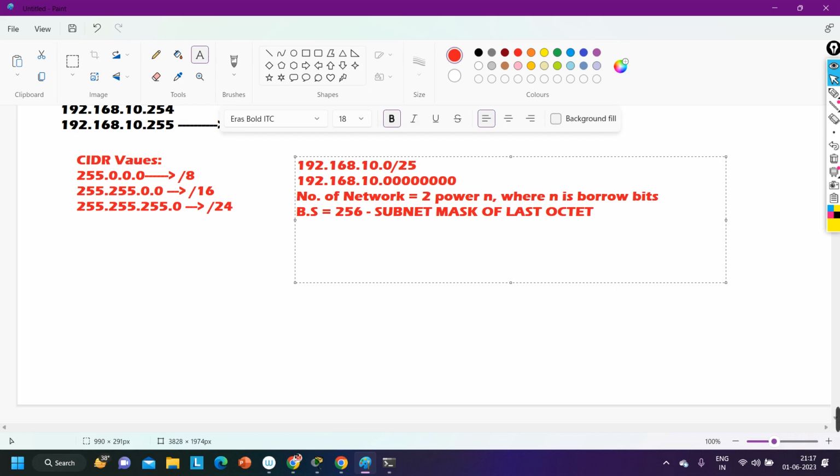After that, there is one more formula to find valid hosts. The formula to calculate valid hosts is 2 power h minus 2, where h is the number of host bits.